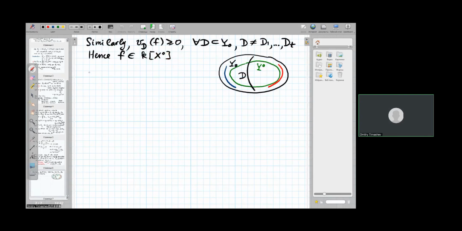Therefore, the algebra of regular functions of X upper naught is integrally closed.